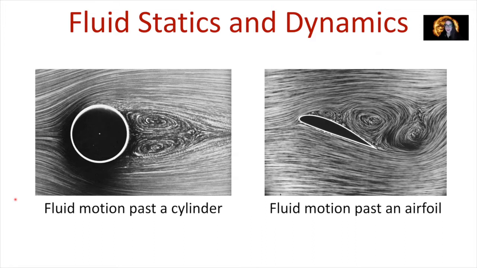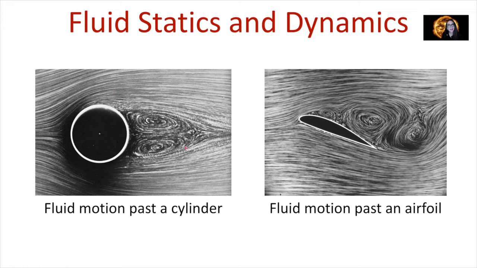I didn't talk about them yet, but here we have a sphere that is inside a fluid flow. Let's say it's water, and it's got some particles in there so we can trace how that fluid flows. Now, the fluid is going to flow around this object on the top and the bottom.